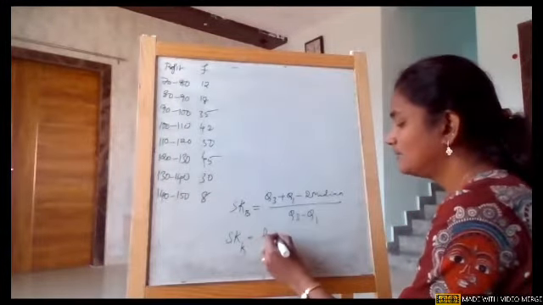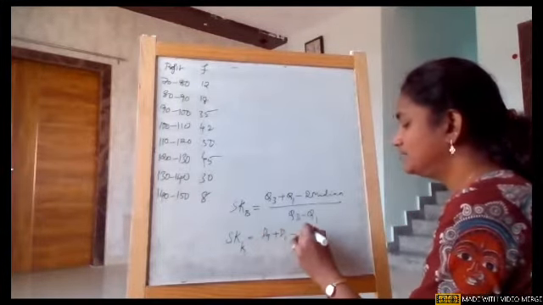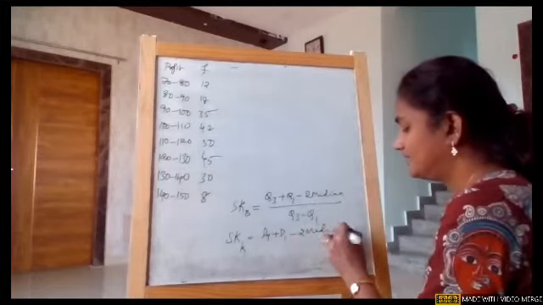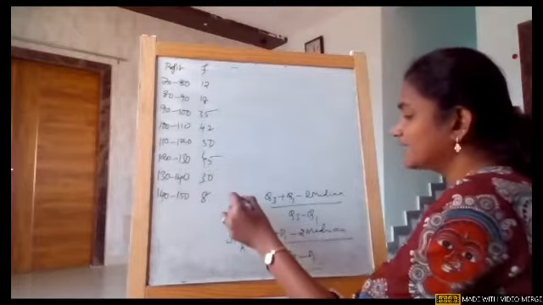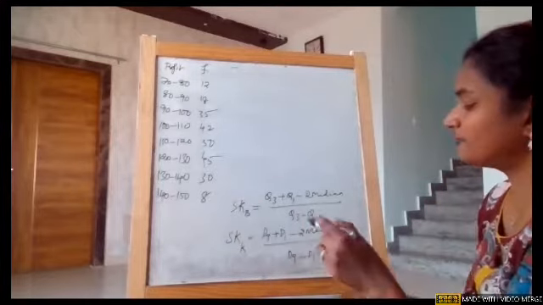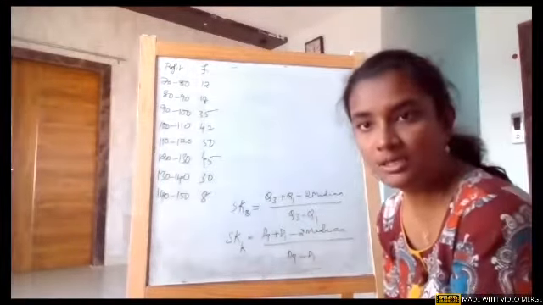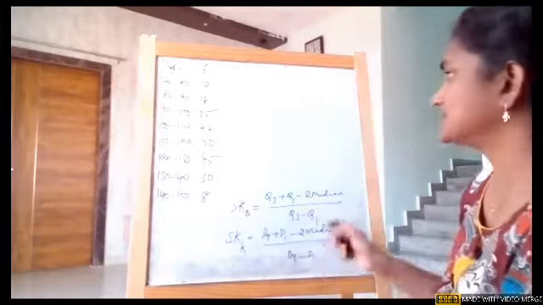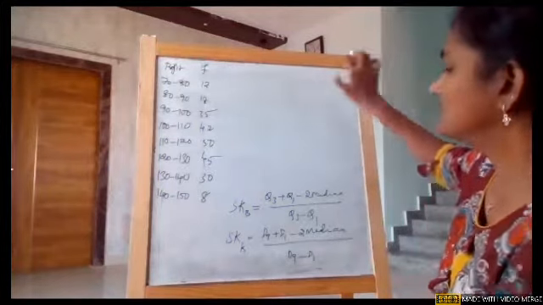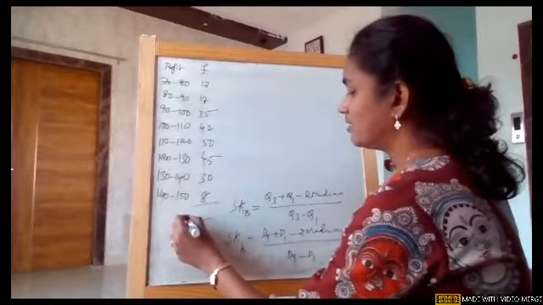So D9 plus D1 minus 2 median divided by D9 minus D1. So we will calculate both of them. For all, the formula is same. Only the n value changes. We know n is equal to 240 already.